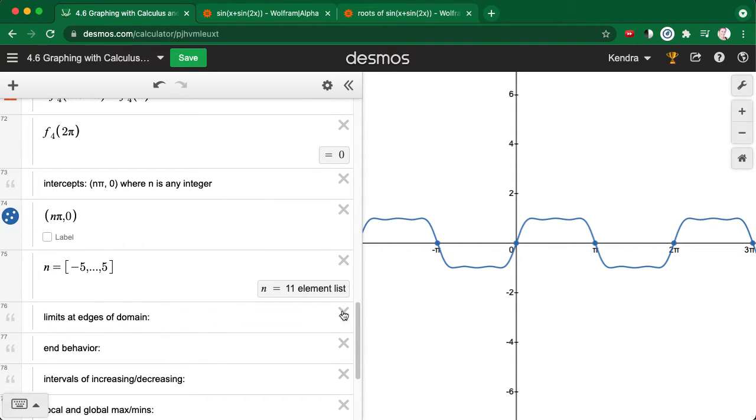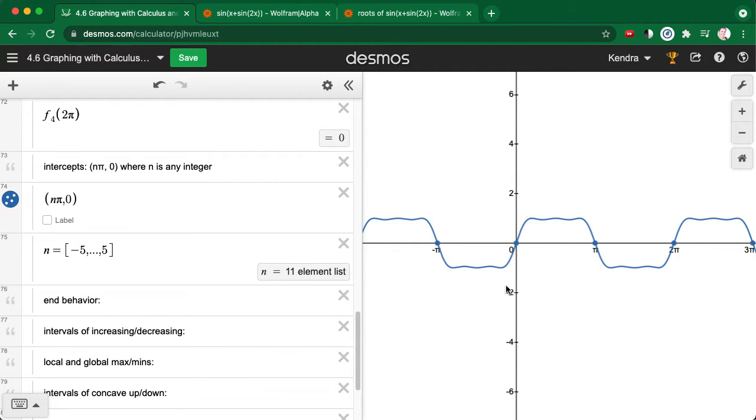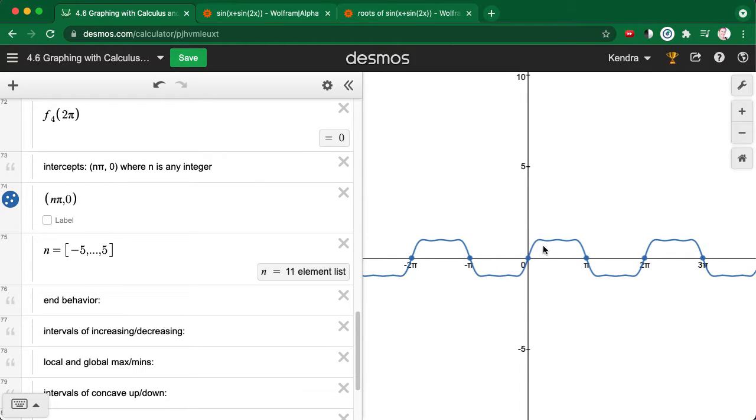Limits at the edges of the domain. There's no such thing as the edges of the domain. End behavior. This is a periodic function, and pretty much any periodic function is not going to have any end behavior. So the limits at infinity do not exist.